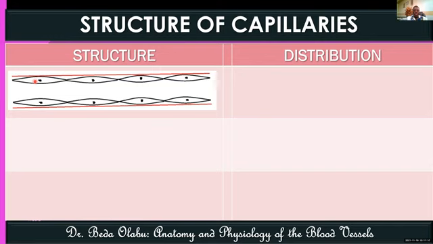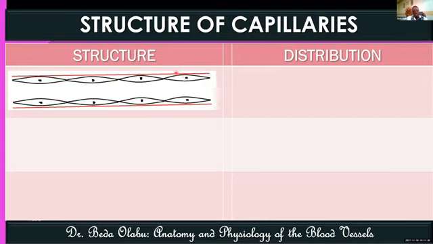So what do we see? We see that the endothelial cells form one layer and they're attached to one another, as you can see there and there and there. The endothelial cells are continuously attached.